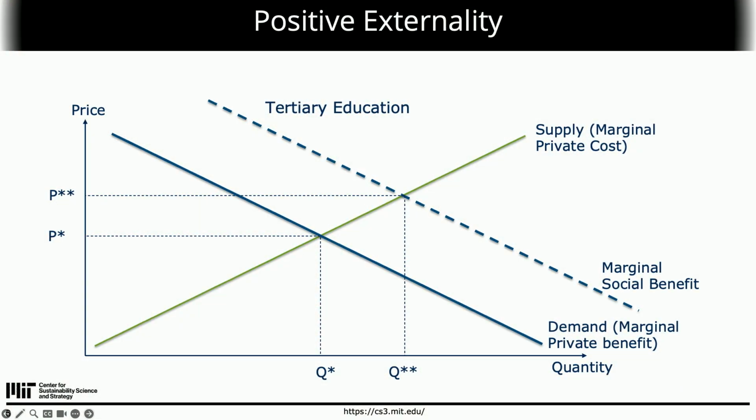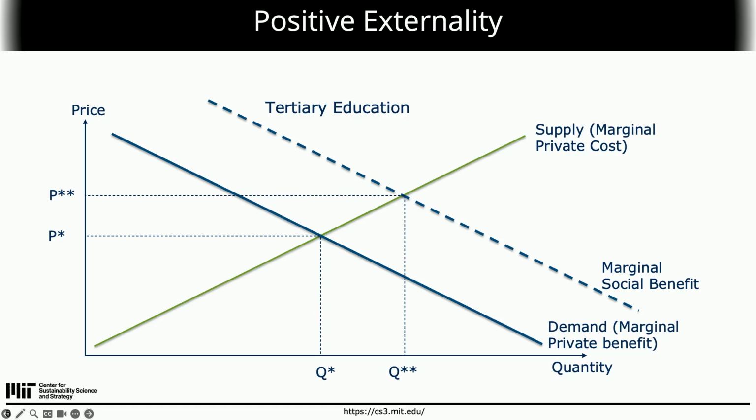So how does this look when we include it within that sort of demand and supply curve that I was talking about before? So first I'll look at an example of a positive externality. So as I said before, education is a positive externality. If we were working within just the normal demand and supply curve, we would have an equilibrium price at P star and an equilibrium quantity at Q star. Okay? But you can see we have the normal demand curve, which is a marginal private benefit.